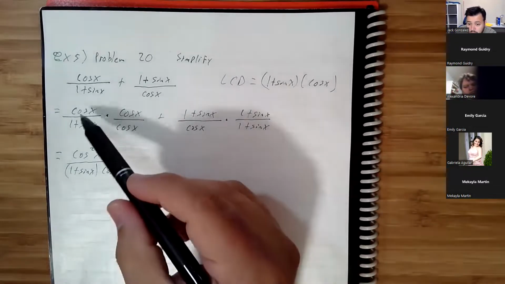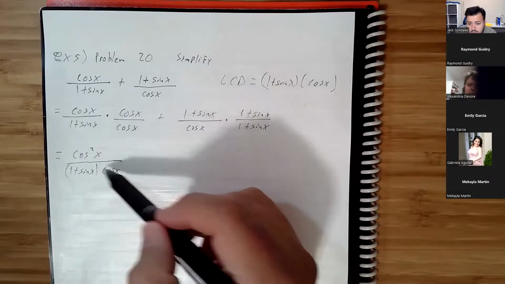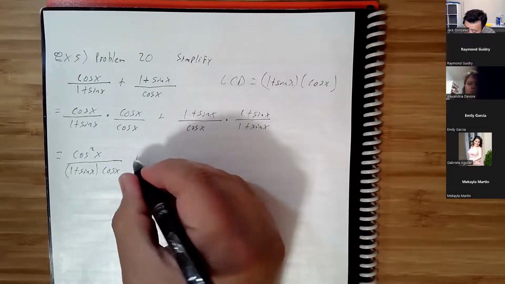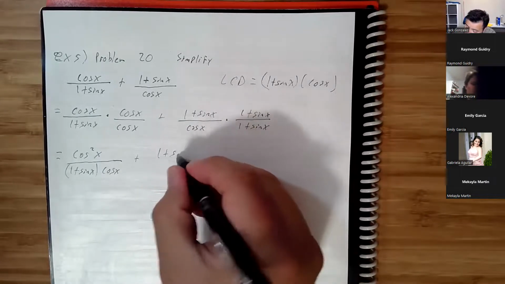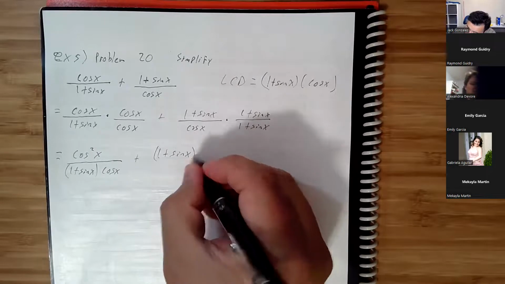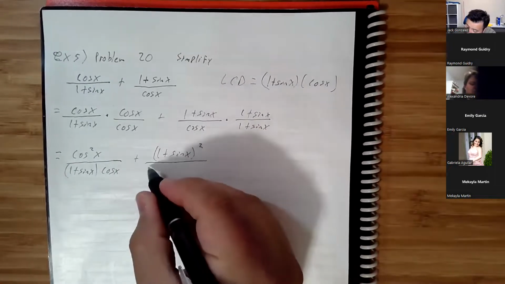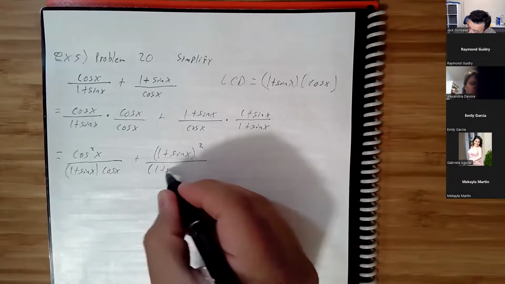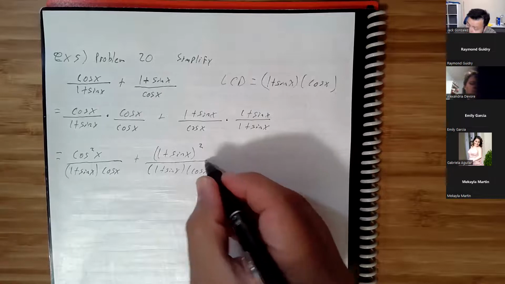Cosine times cosine, cosine squared. These two are just right there. 1 plus sine times 1 plus sine is just going to be 1 plus sine squared. It doesn't matter which factor goes first.